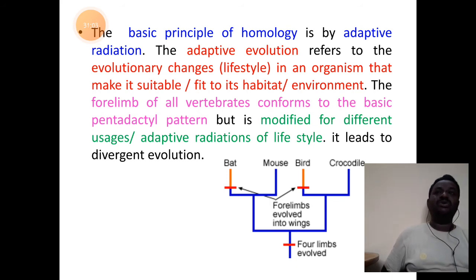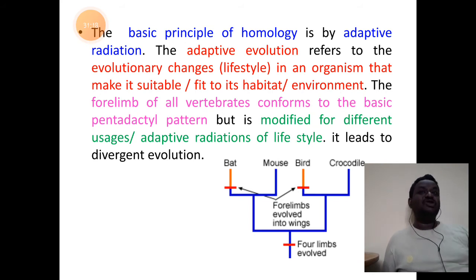It refers to the changes due to the lifestyle of an organism. So the forelimb of all vertebrates shows a basic body plan of pentadactyl limb, but it is modified in different organisms due to their life pattern, which leads to the divergence of species.